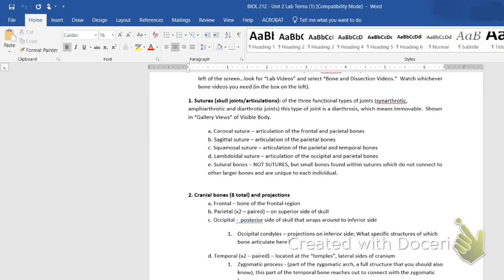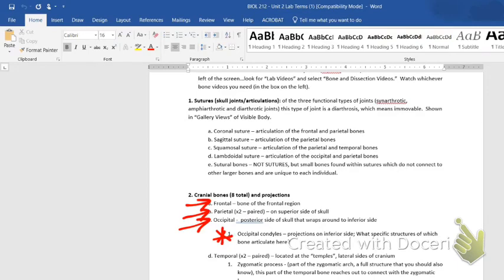There's stuff about sutures, so I could keep an eye out for that. But there's also a lot of information related to the bones as well, right? It says cranial bones, 8 total, and projections. The initial bullet point below that has the name of the bone. And then for some of them, I have some special features or projections that you need to know.